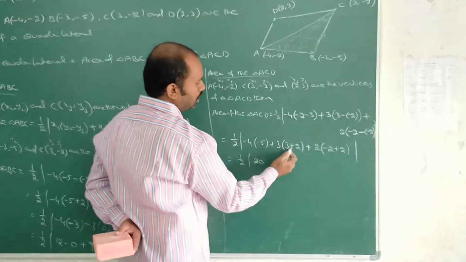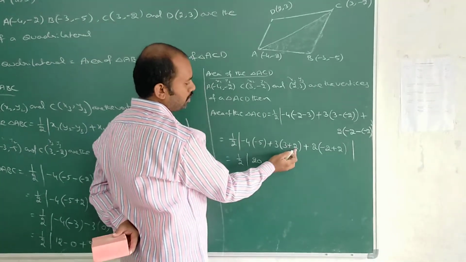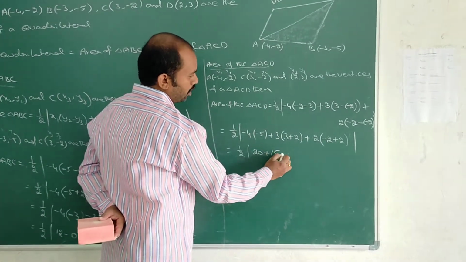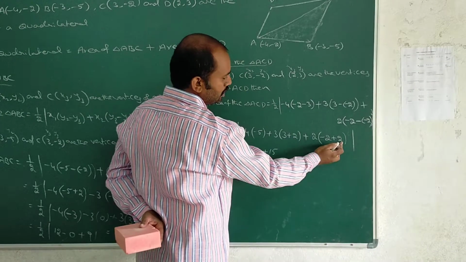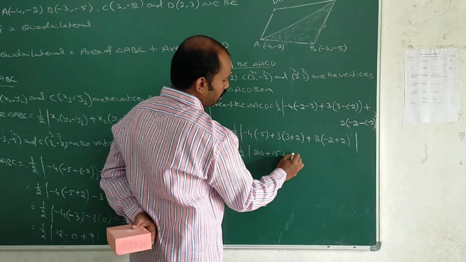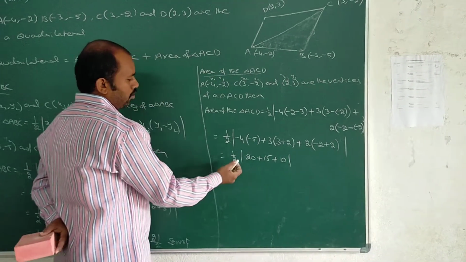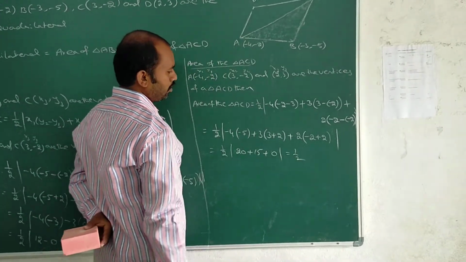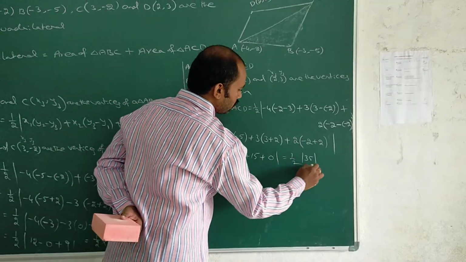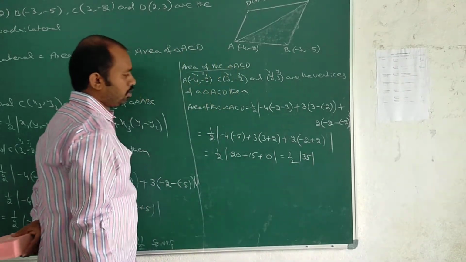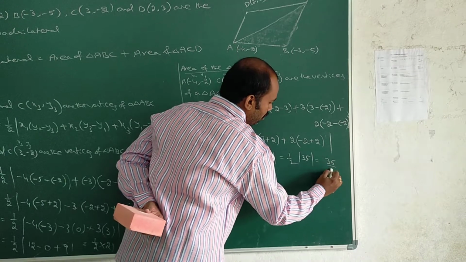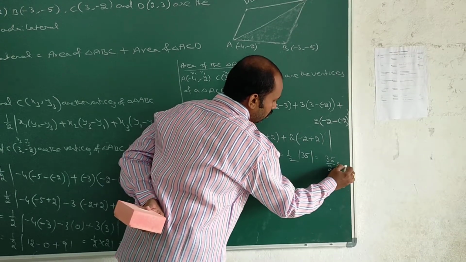Plus 20, then 3 into 3 plus 2, which in the bracket is 5, and 5 into 3 is 15. Here minus 2 plus 2 means 0, and 0 into 2 you get 0. So in total half into 20 plus 15, you get 35 modulus. The modulus value is positive, so the modulus is removed. That is equal to 35 by 2 square units.